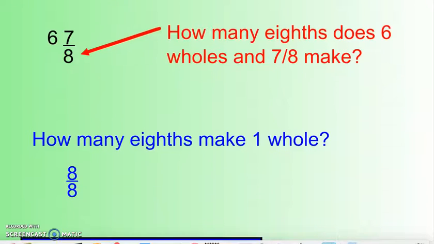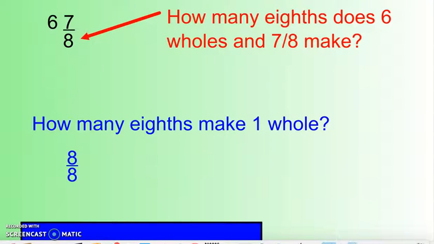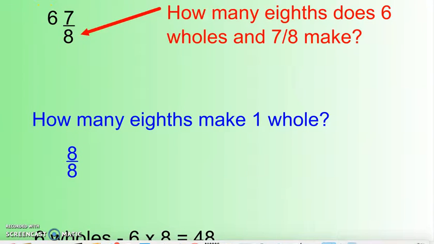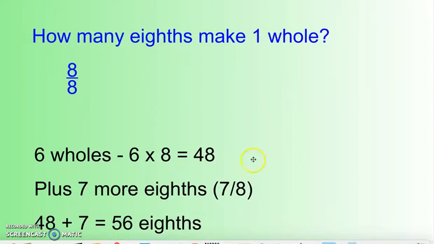And then how many in addition did we have? On our last, we have 7/8 in addition. And so we have 48 eighths plus 7 more eighths. And so really we have 56/8.